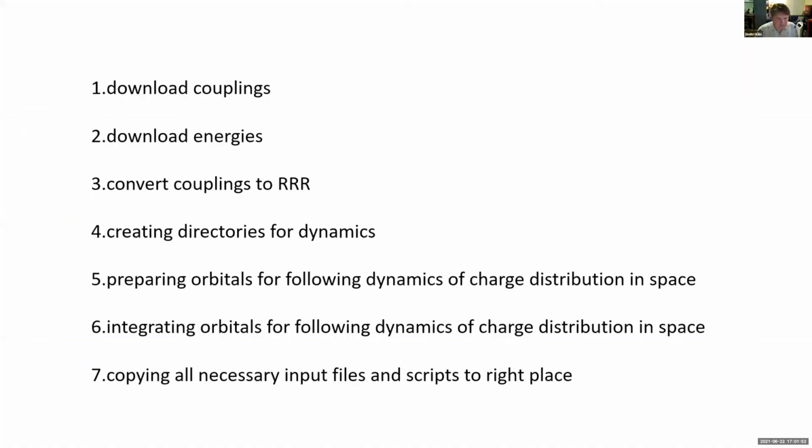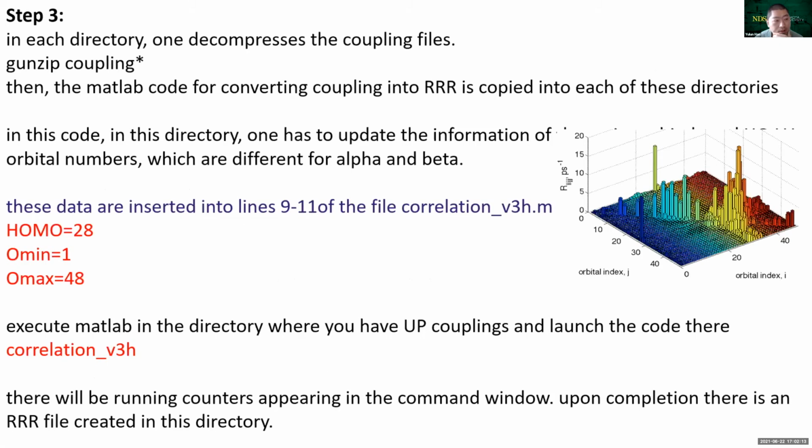Okay, so my presentation's goal is to get the green figure, the charge carrier dynamics. To get the green figure, there are 7 steps. Steps 1 and 2 are pretty straightforward: you just download the necessary input files.